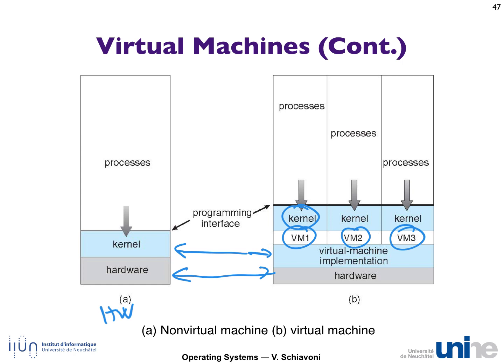And the kernel of VM1 is completely isolated from the kernel of VM2 and from the one from VM3. And also the set of processes that are running here is different than the one you have here and the one that you have here, because those are completely separated environments.